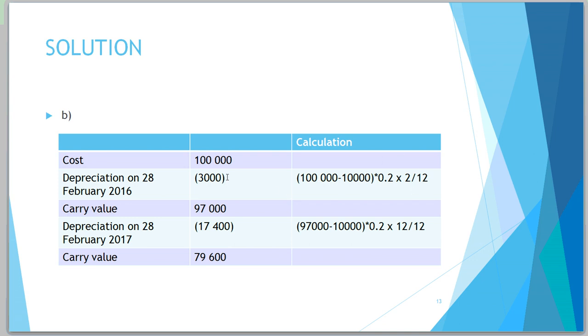That gives us 3,000 Rand and a carry value of 97,000. For the next year, we will take the carry value of 97,000 less the 10,000. So can you see we now take the carry value less the residual value times 20% times 1 year, which gives us 17,400, and that leaves us with a carry value of 79,600.